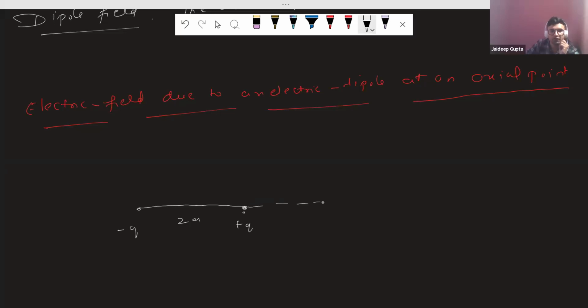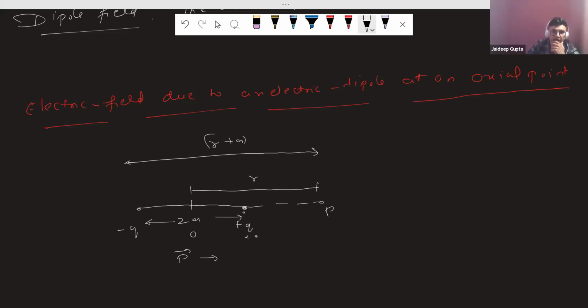If we have to calculate the electric field at point P, r is the distance from the center of the dipole. This is the center of the dipole. So from the negative charge, the distance will be r plus a, and from the positive charge it would be r minus a.